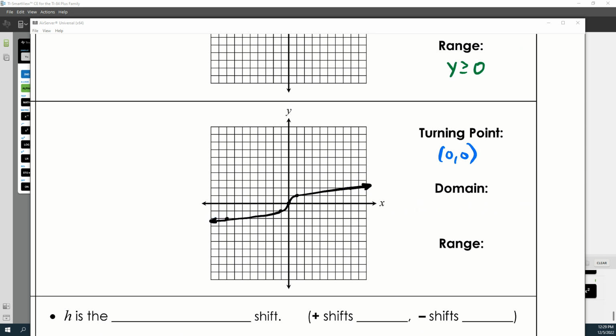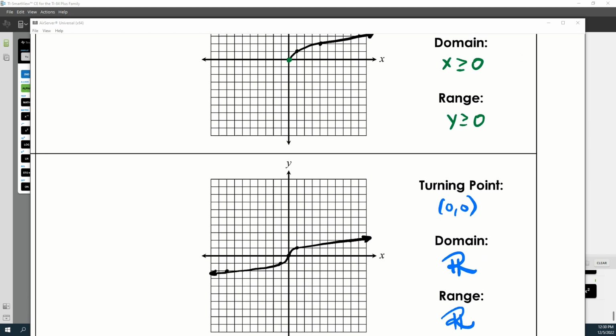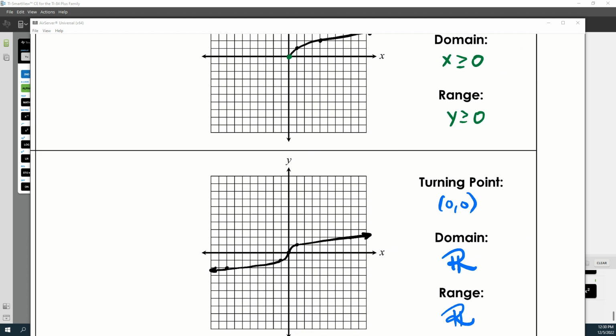So what do you think that means for the domain? It's all real numbers. And then we technically have an arrow pointing down and an arrow pointing up, so the range is also all real numbers. So on a cube root graph, it's super easy to find the domain and range. It's just all real numbers. Now the square root graph, the domain and range changes from problem to problem.